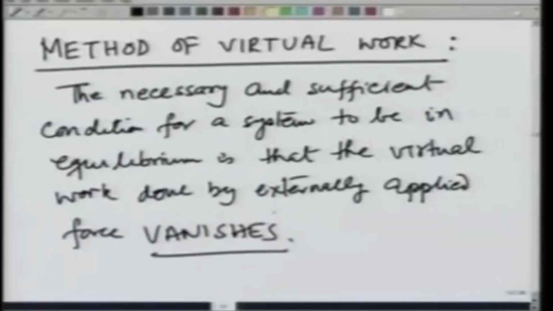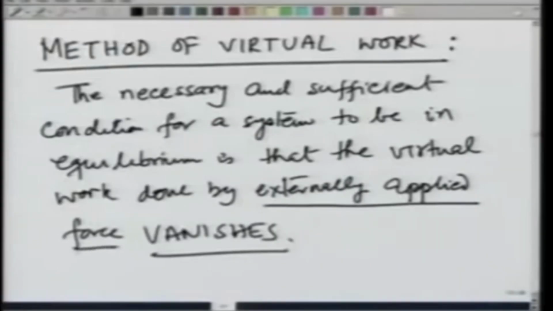Two comments are in order. One, that we are talking about a system which has no friction. If friction is included, then the frictional constraint force also does some work, which we are excluding. Then because of the vanishing of work by constraint forces, it is only the work done by externally applied forces, those which are not constraint forces, but the forces that we apply from outside to achieve equilibrium, that matters.